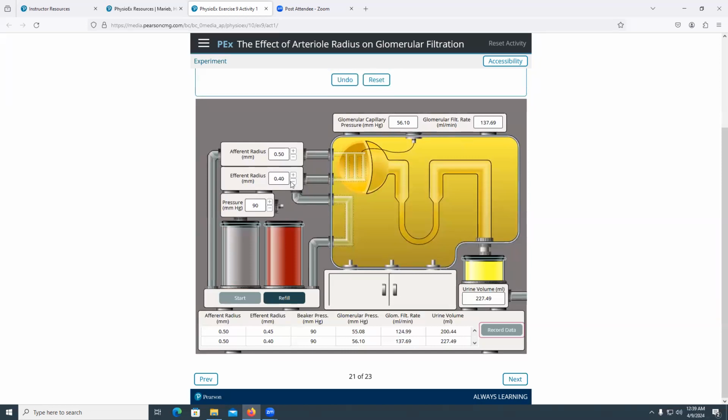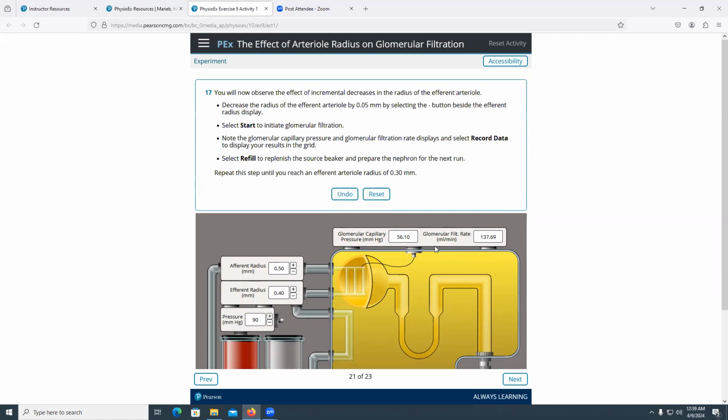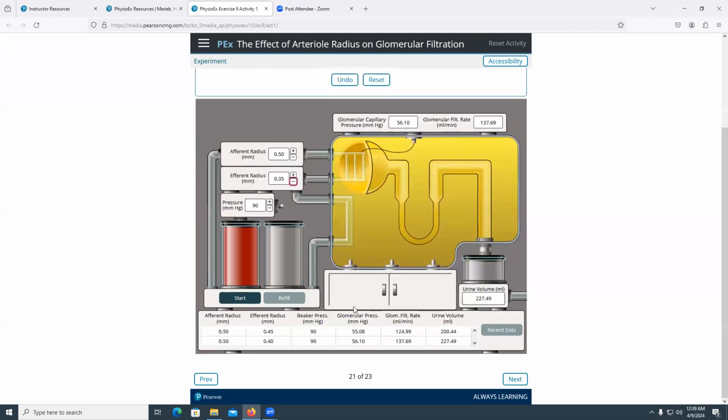Now, refill. You see, the more I drop the efferent radius, the more the glomerular pressure increases, the more the glomerular filtration rate increases, and the more urine volume increases.